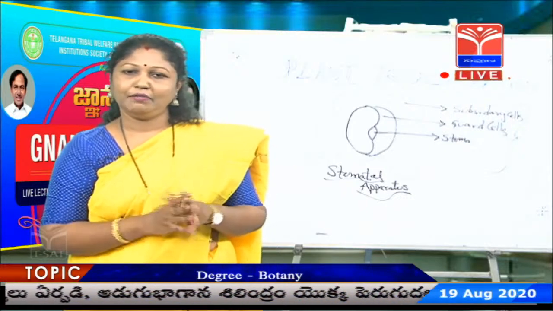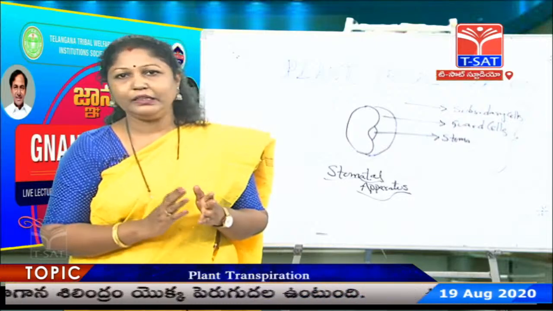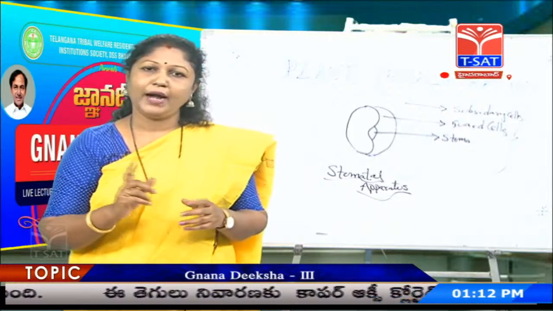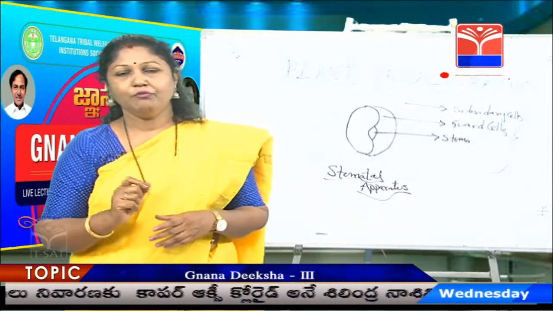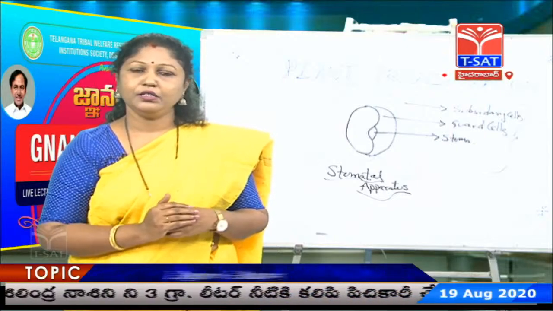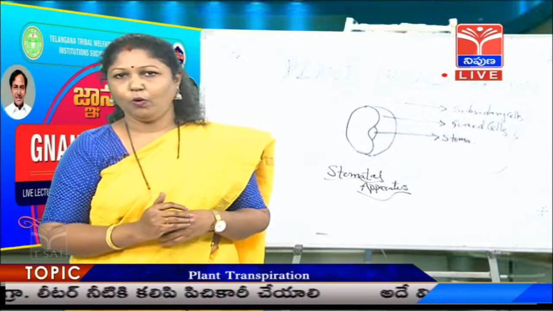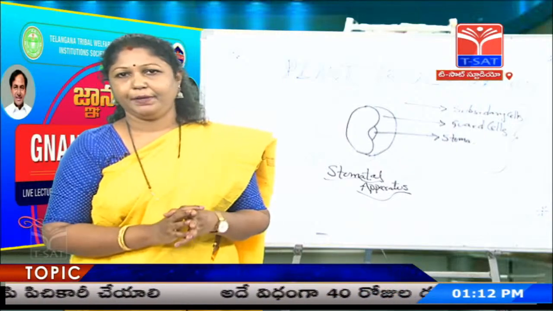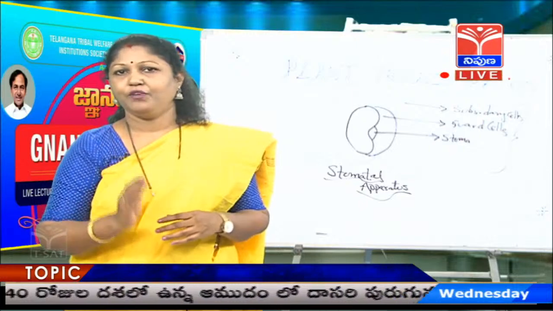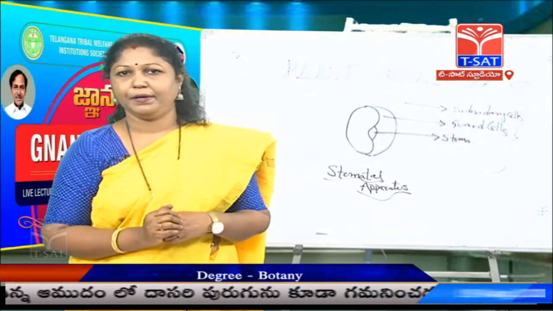Interrelated with this, temperature and light are two factors we have already discussed. At 0 degrees temperature, stomata close, but as the temperature increases, the stomata also open. The optimum temperature up to which the stomata remain open is somewhere around 30 to 35 degrees. Okay.